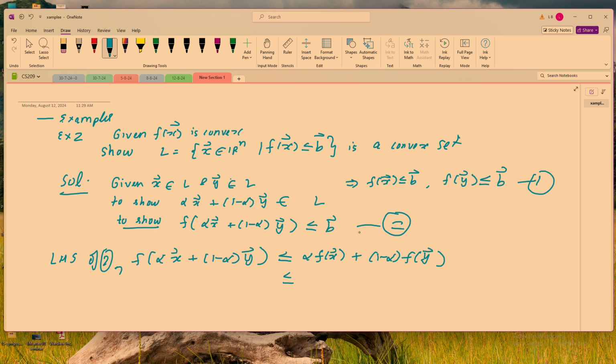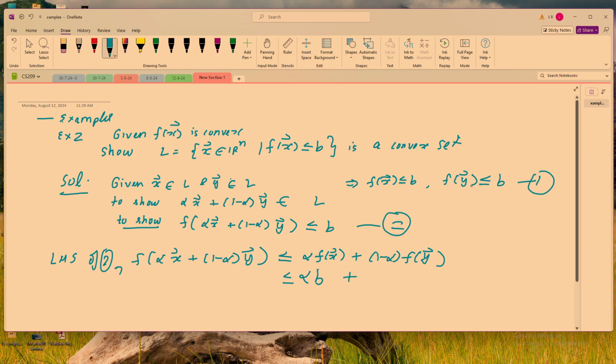So alpha times f of x would be less than or equal to alpha b. Correct? Yes or no? Sorry, this is not a vector. It's a scalar, because f is scalar. This is less than or equal to alpha b.